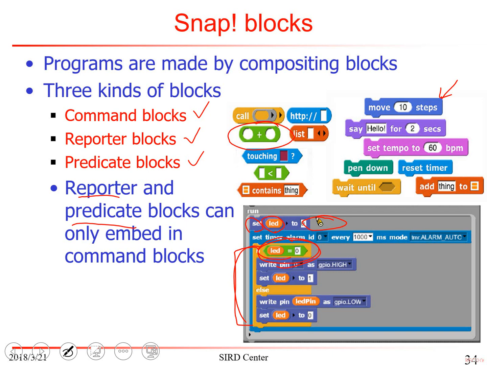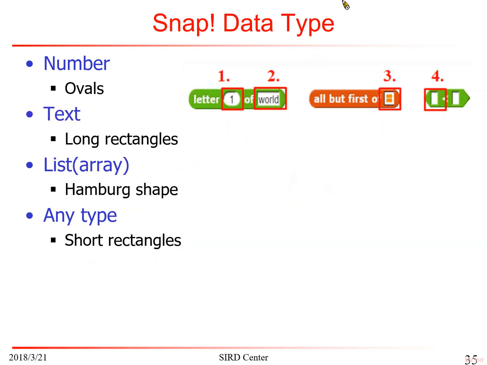When you try to assign the result of the reporter block to a variable, you can do something like that. So this reporter block can report something, and after reporting, we can store it in these variables. So these are the only three kinds of blocks in Snap. So the concept is quite easy for you to write and to learn the programming language.